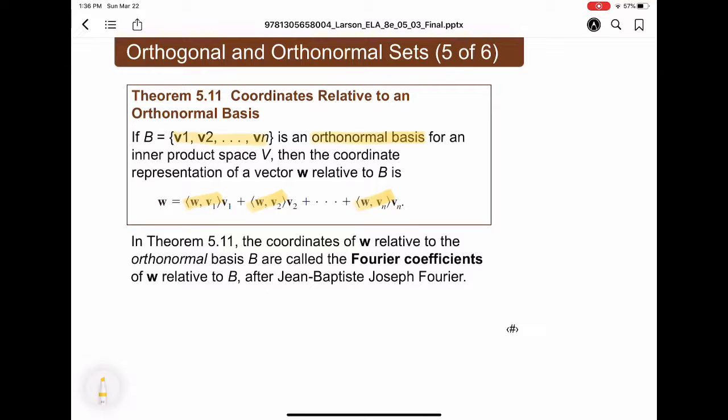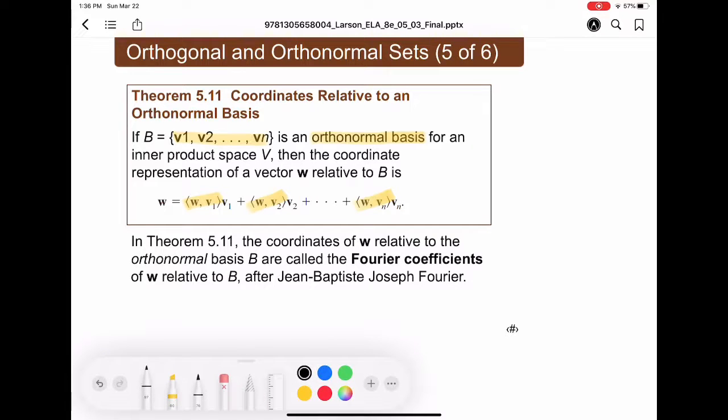So that's why it is very convenient to work with orthonormal bases, because when you want to express any vector as a linear combination of vectors in a basis, in order to find the coordinates, you don't have to solve a system of linear equations. You remember that?